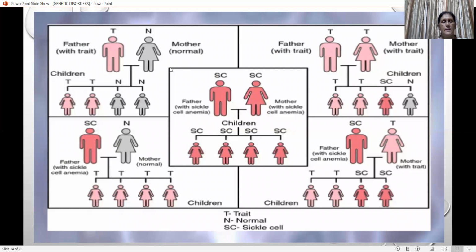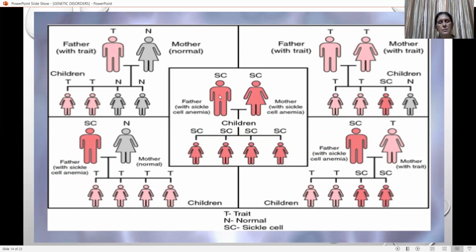So this shows the types and probabilities of what type of next generation, offspring or daughter and child, carry the particular disease. If the father is with trait, that means he carries the particular disease, and the mother is normal, in the next generation two daughters are carriers and two daughters are normal.